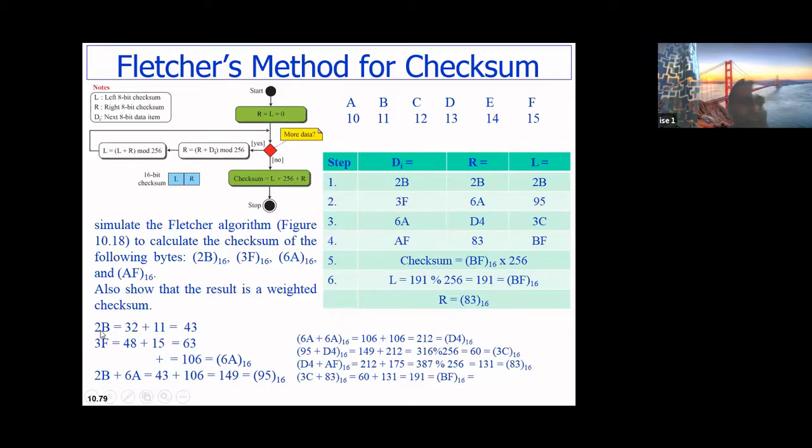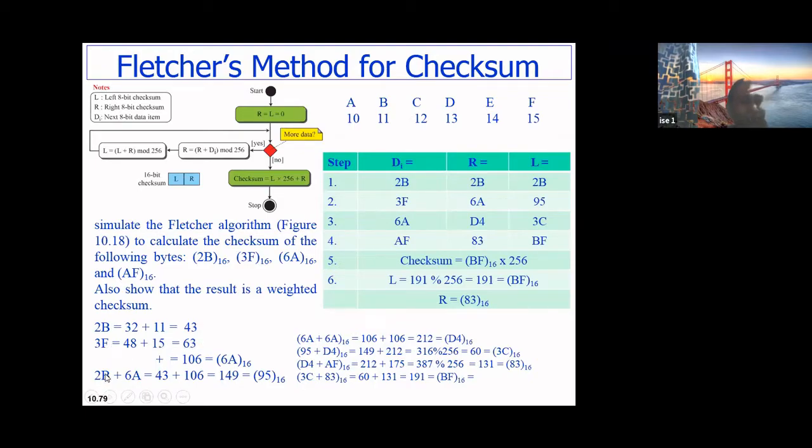So 2b value is 43 and 3f value is 63. How have I got 63? This is base 16, which means 16 threes are 48 plus f, the value of f is 15. So 48 plus 15 is 63.